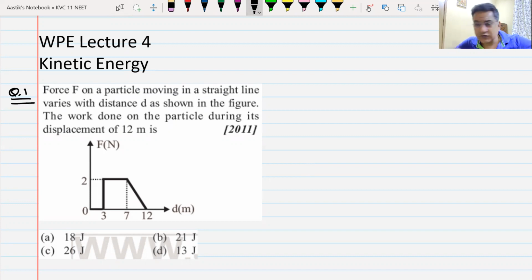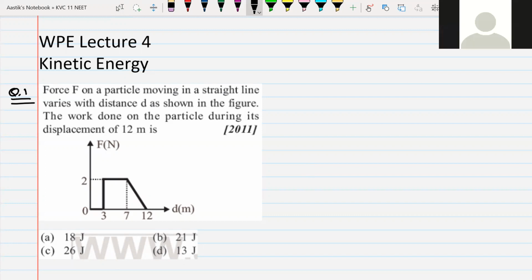So this is the first question, and I hope all of you do this. I'll give you 2 minutes. Try this question. Tell me the answer. You remember how to find out the work done? Yes or no? Okay. It is the question that we were discussing in the last class, and this class begins with the same discussion.